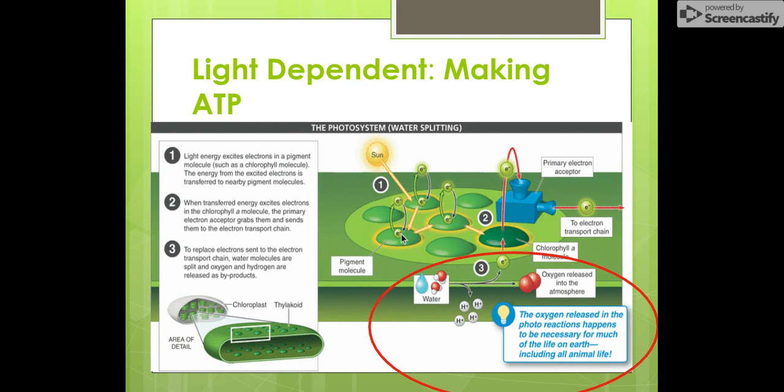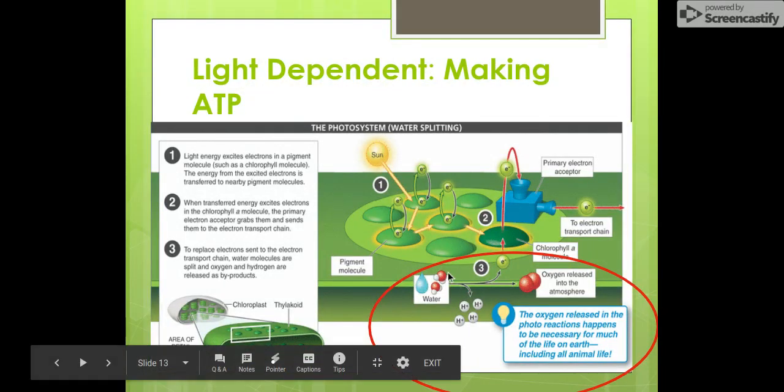That excited electron then transfers to a nearby chlorophyll, shooting off another electron, which moves to the next one, and we continue this process. Eventually, this electron is taken up by this primary electron acceptor, and that will then be sent to the electron transport chain, which we'll talk about in a little bit. But now we've got these chlorophylls, or one of these chlorophylls, that is short an electron.